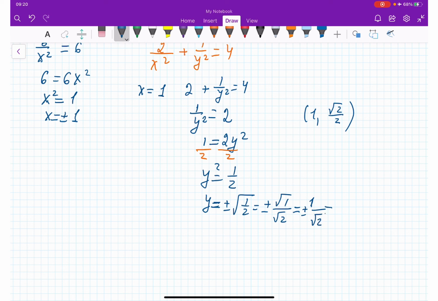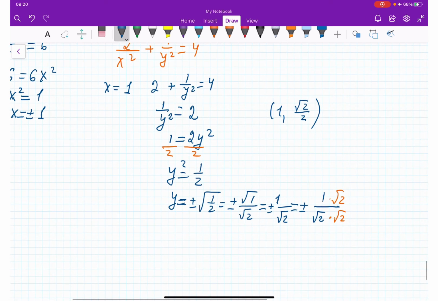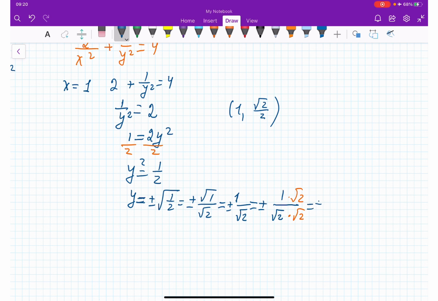We are going to rationalize, multiplying by square root 2 to get rid of the square root, right? And we are getting here plus minus square root 2 over 2. So we have 1, square root 2 over 2, and 1, negative square root 2 over 2.